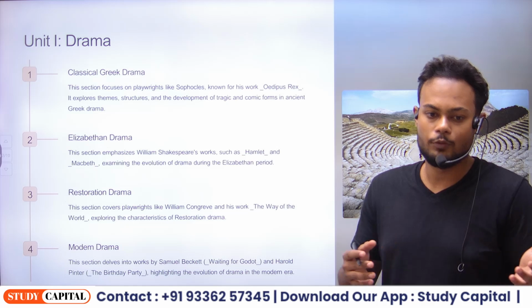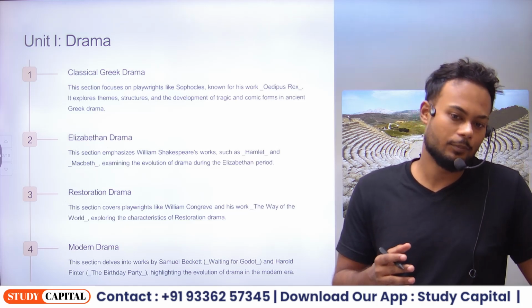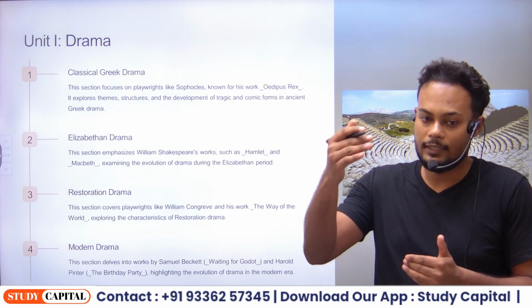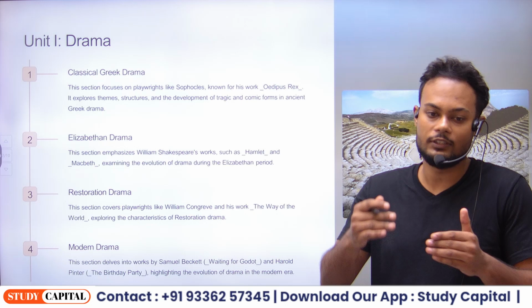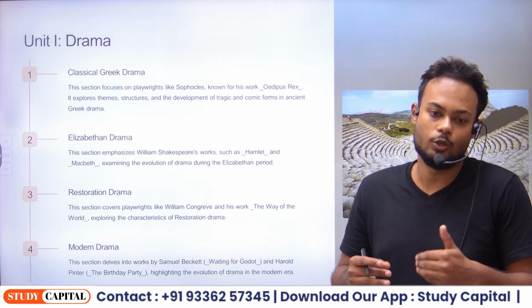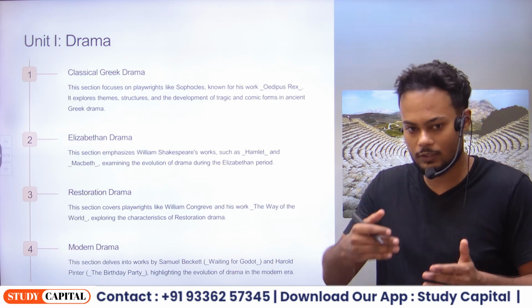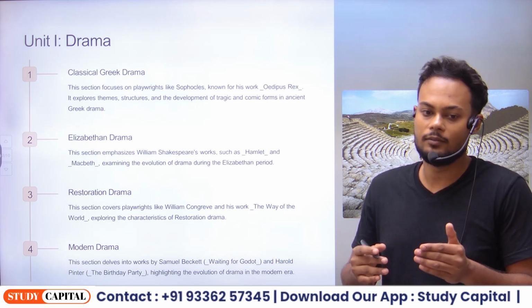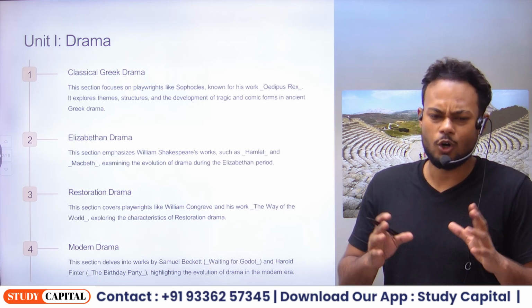As I told you before, the categorizations before 2018, those units were divided on the basis of the ages. So the classical age, romantic age, neoclassical age, Victorian age. These were the broad classifications. Post 2018, there have been revisions in the syllabus, not major ones.